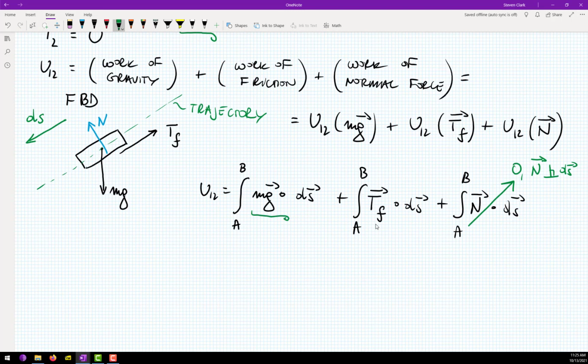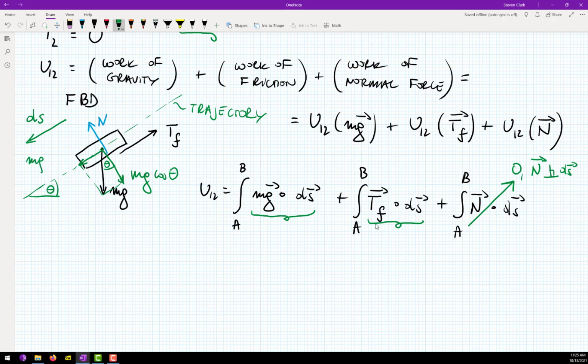Okay. So now let's find these two things. We must find these dot products. So in order to find the first one, I think I must do some projections. And this is theta, by the way. So this is mg cosine theta, because theta is here.